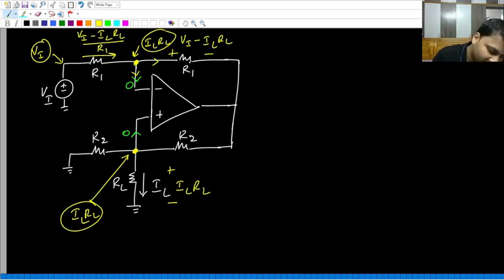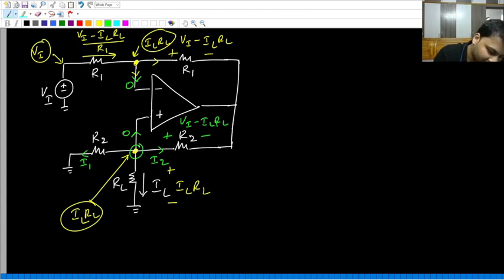Earlier I said this R1 and this R2 both will have the same voltage drop due to virtual short. So we can write the same voltage drop across R2 as well, Vi minus IL RL. Now let us call this current I1 and this current I2.